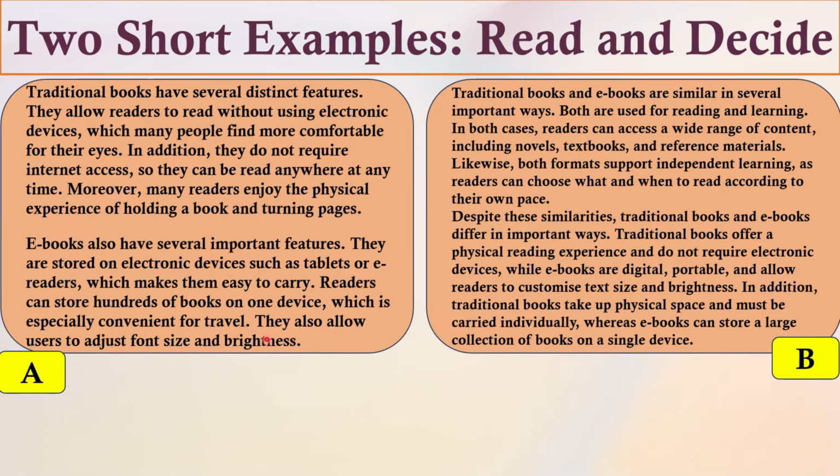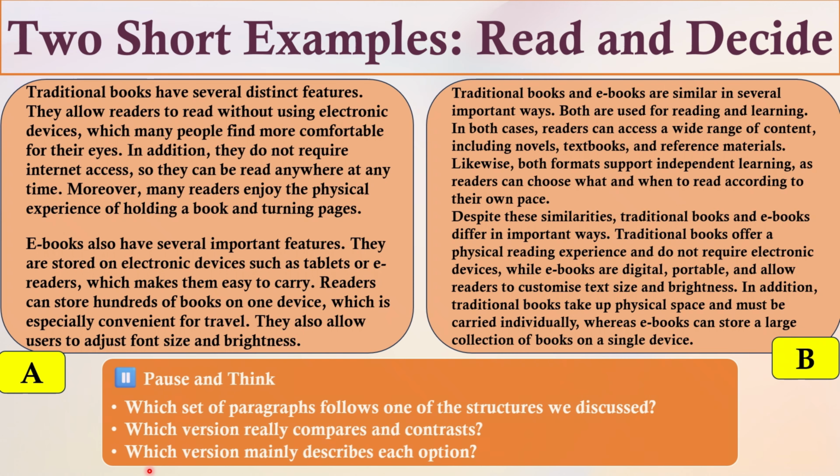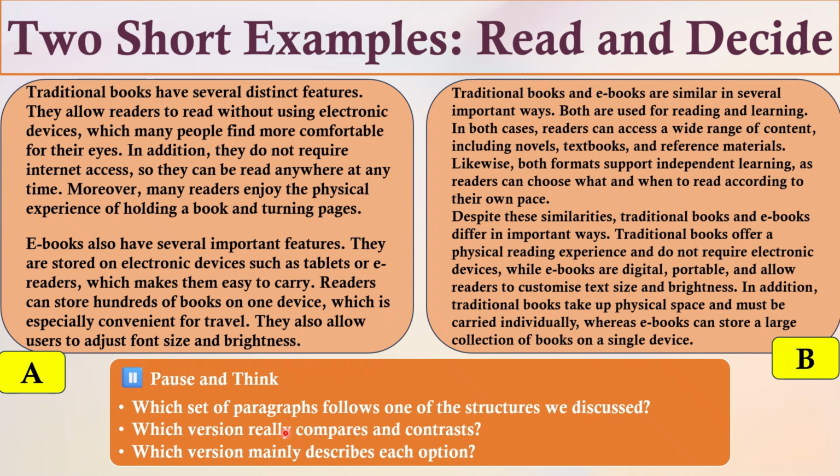Before I explain anything, pause the video and read both versions on the screen. On the left, you will see one set of paragraphs. On the right, you will see another. Ask yourself these questions. Which set of paragraphs follows one of the structures we discussed in the previous slide? Which version really compares and contrasts the two options?